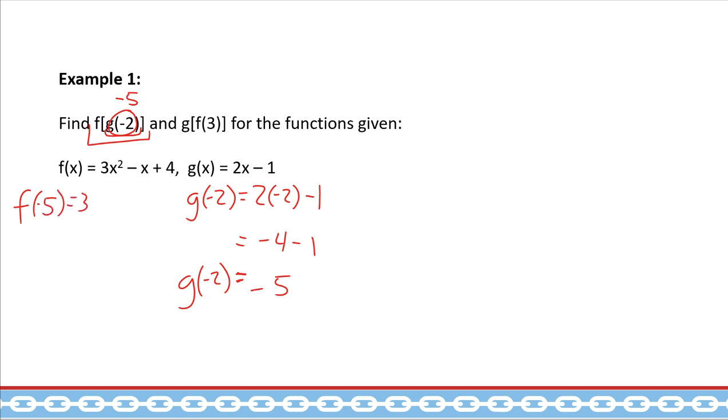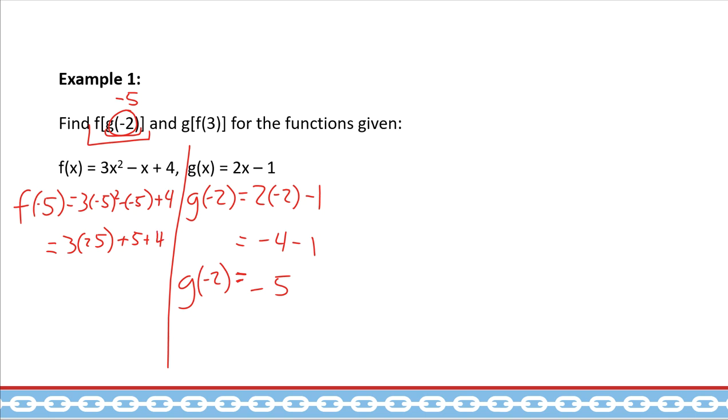So 3 times -5 squared minus a -5 plus 4. So that is going to be equal to 3 times 25, -5 squared is 25, plus 5 plus 4.